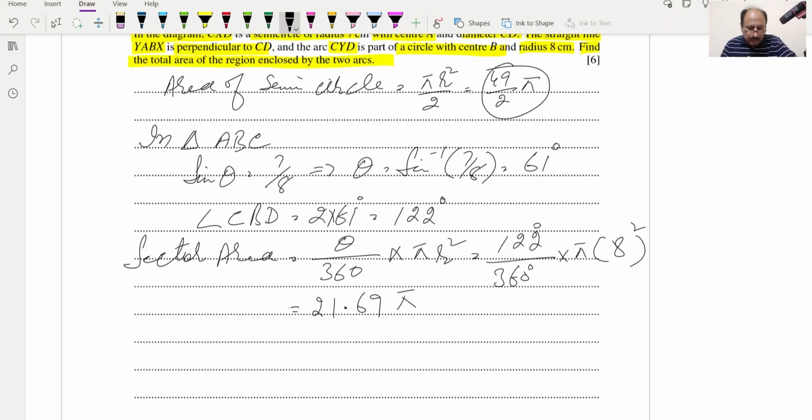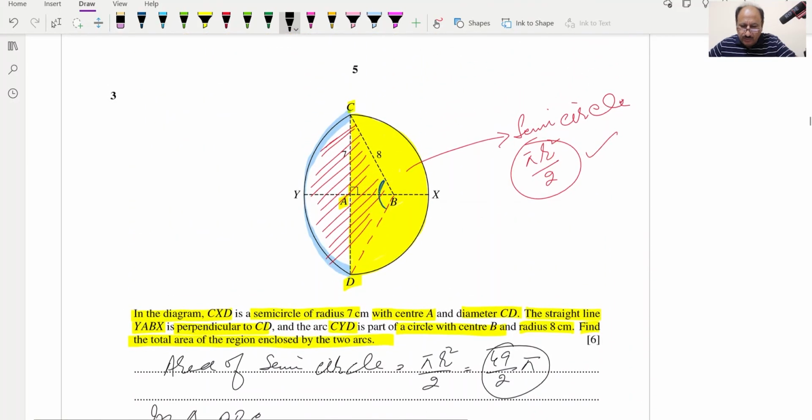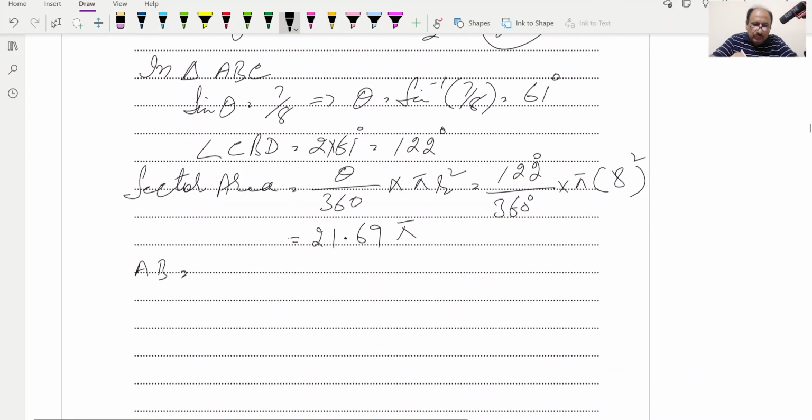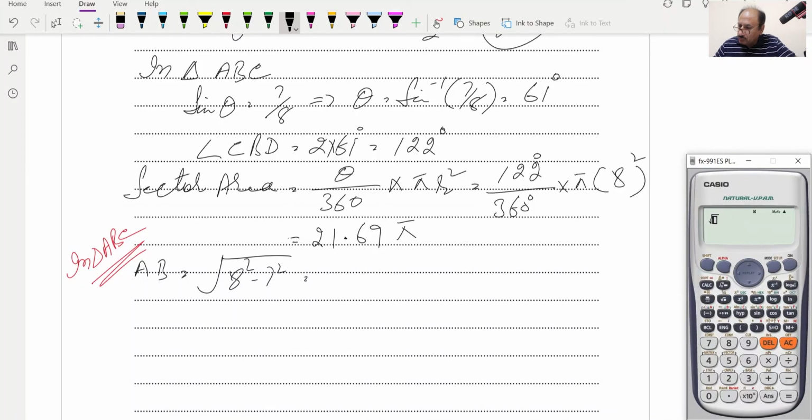Then we can find the AB side by Pythagoras theorem in triangle ABC. AB will be equal to the square root of 8 squared minus 7 squared, which is root 15.